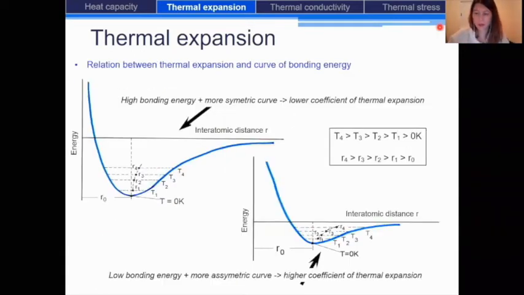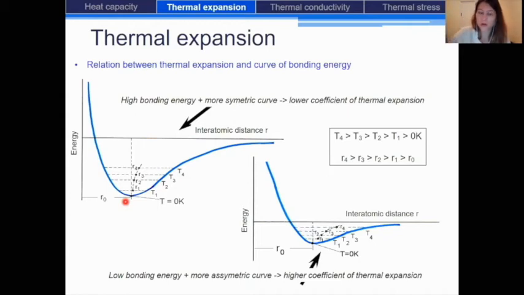So if we continue this interpretation, we have the dependency of the thermal expansion with the bonding energy, which is directly linked with the value of the minimal energy right here on this potential energy well, and also is linked to the symmetry of this curve.